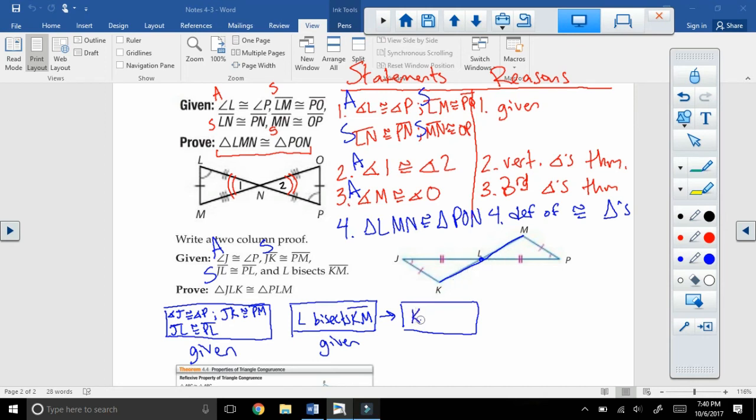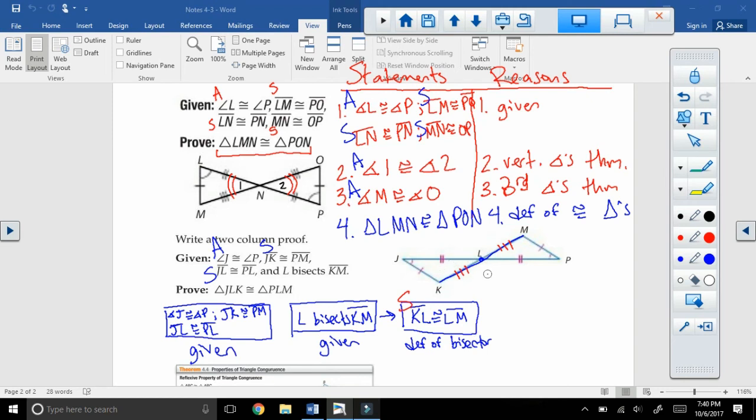So I can say that KL is congruent to LM, and that's a definition. Definition of segment bisector, or if you just want to be general, definition of bisector, that would be fine. So even though this didn't directly say a segment was congruent, it indirectly let me know another pair of sides are congruent, and you should probably be marking that on your picture.